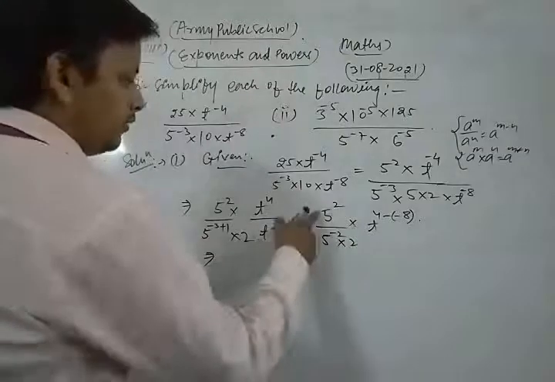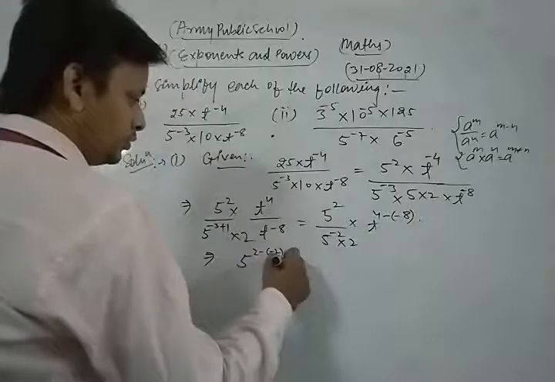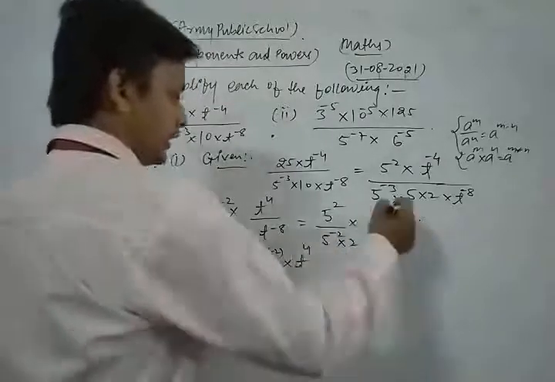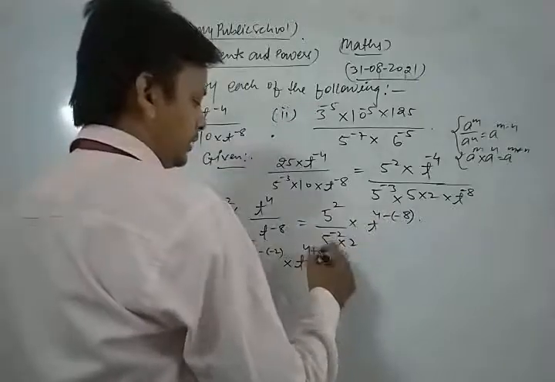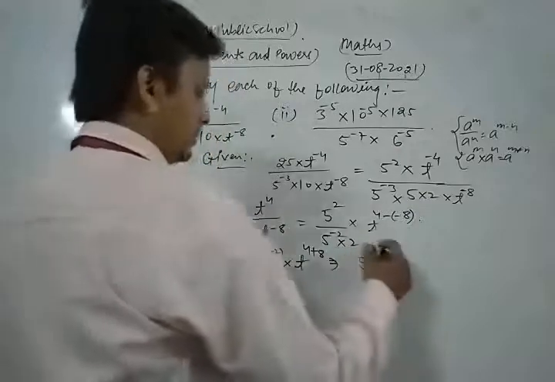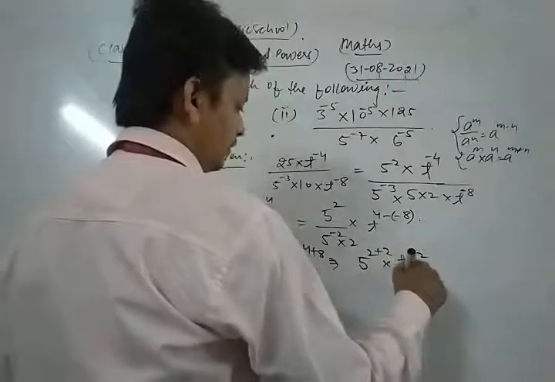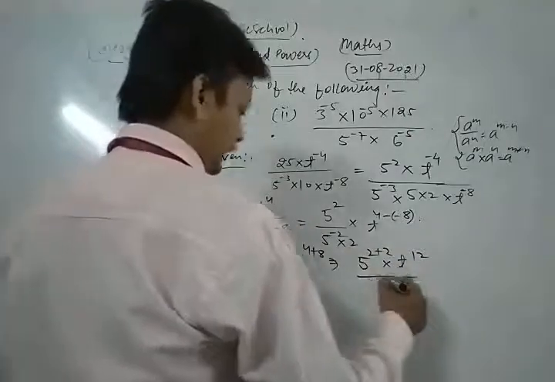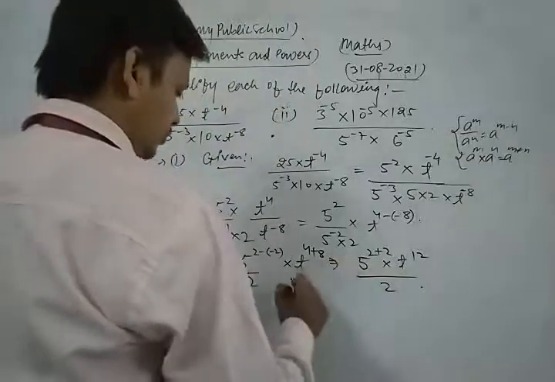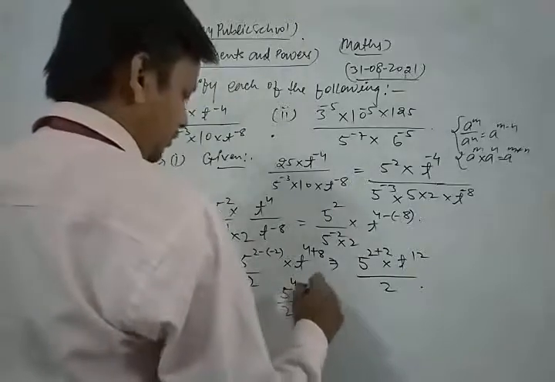Now we write as 5 power 2 and 5 minus 2, so again here we apply that constant 2 minus minus 2 upon 2, write as it is, and into t power. Look, we break the brackets, minus minus, this is plus 8, so we write as 5 to the power 2 minus minus plus 2 into t power 8 4 12 upon 2, write as it is, so we have 5 to the power 2 to 4 upon 2 into t power 12.